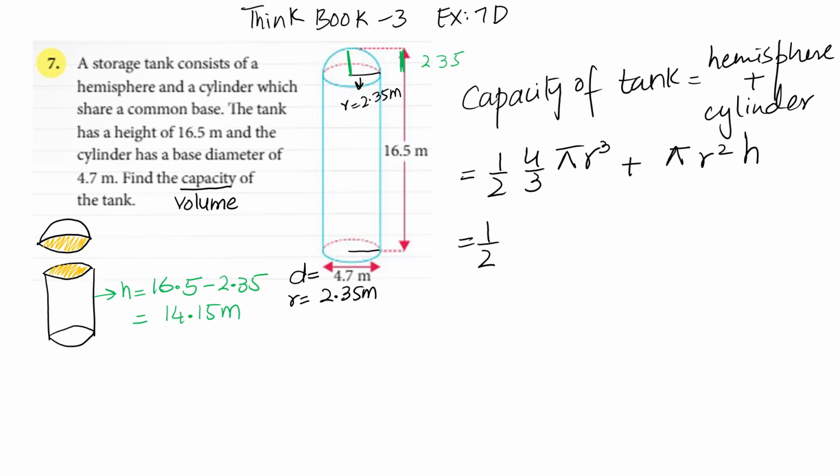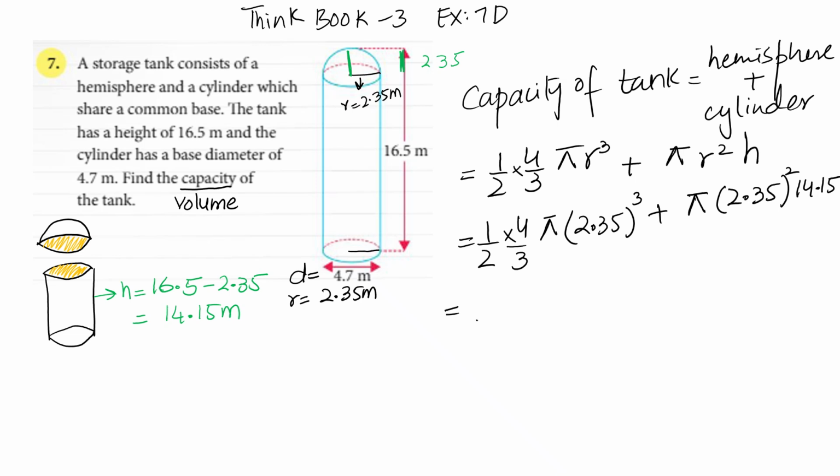So 1 over 2, 4 over 3, pi will be punched in the calculator, and r is 2.35 cubed, plus pi times 2.35 squared times 14.15. This step is left for your calculation.